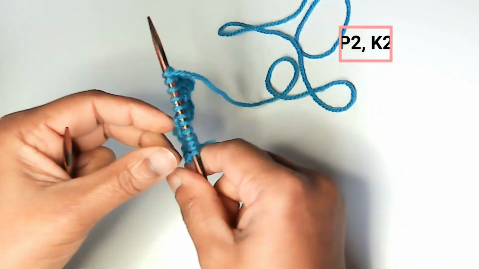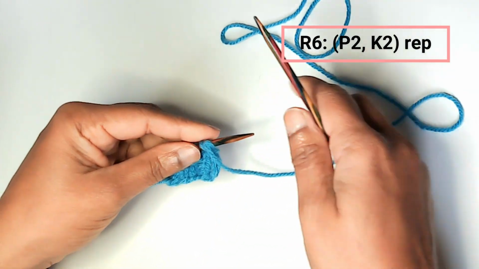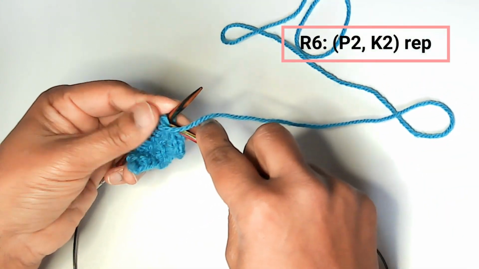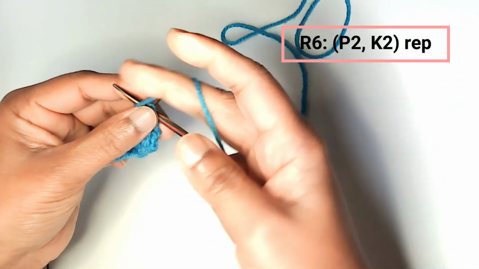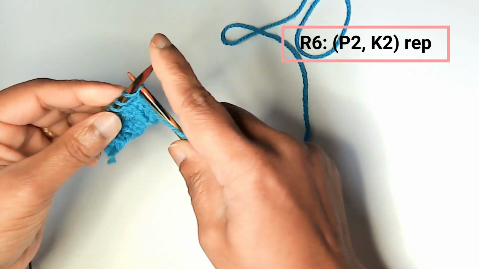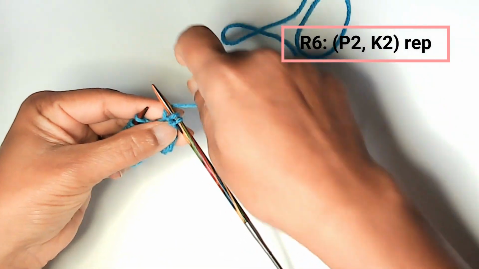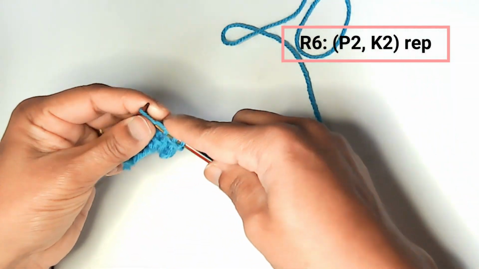Now I'm going to row 6. Row 6 also we are going to repeat row 5. It's purl 2, knit 2. I'm starting purl 2, purl 2, knit 2, 1 knit, 2 knit.